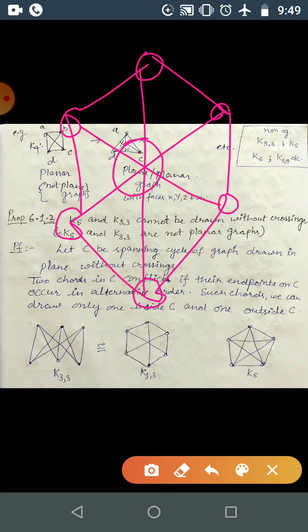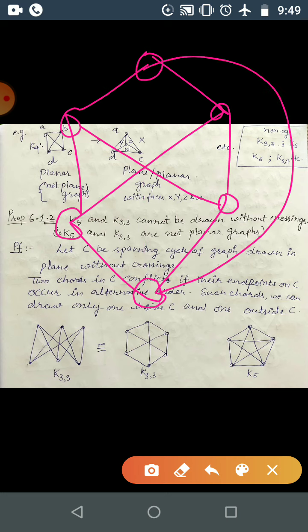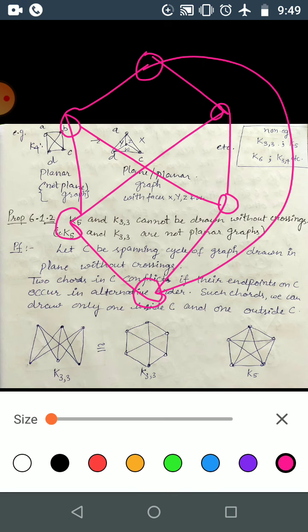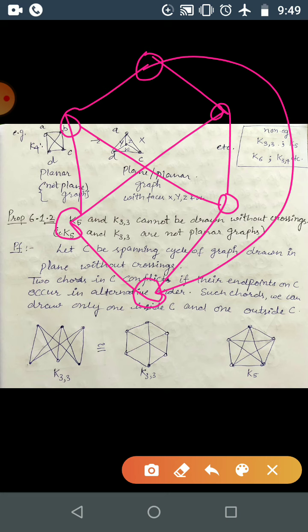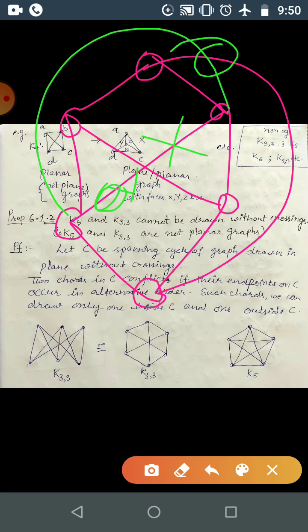Here is the crossing point, correct? So one we can draw like this. What about another one? What about this one or this one? If you want to remove this one from here and draw it here, then here it will be crossing, correct?